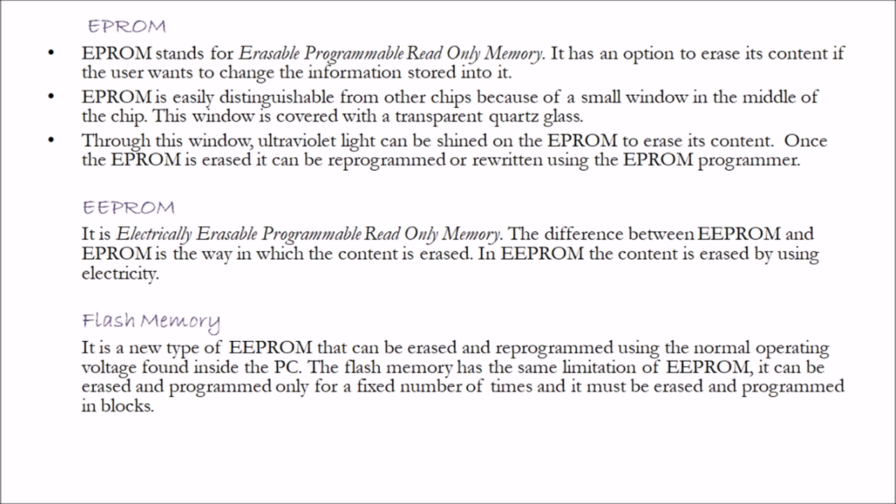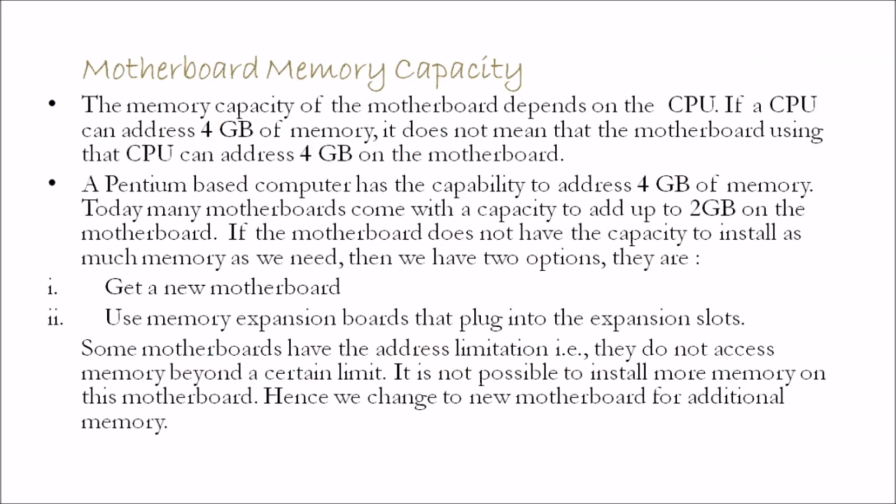It is a new type of EEPROM that can be erased and reprogrammed using the normal operating voltage found inside the PC. The flash memory has the same limitation as EEPROM. It can be erased and programmed only for a fixed number of times, and it must be erased and programmed in blocks.